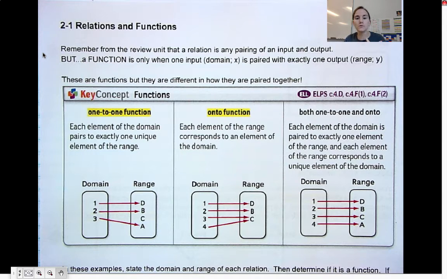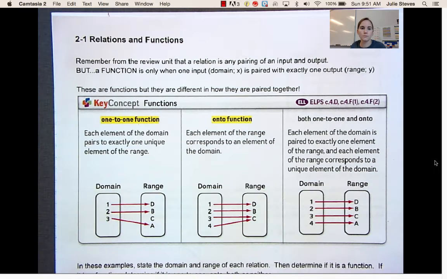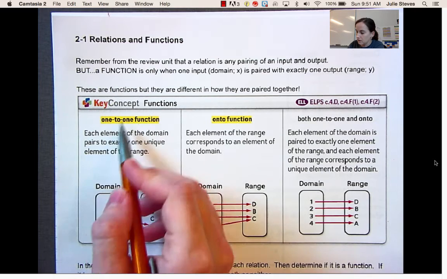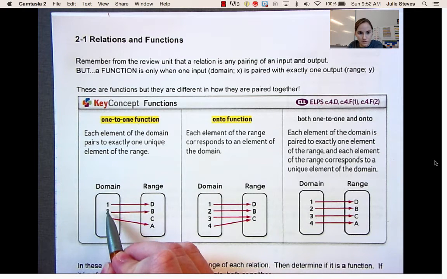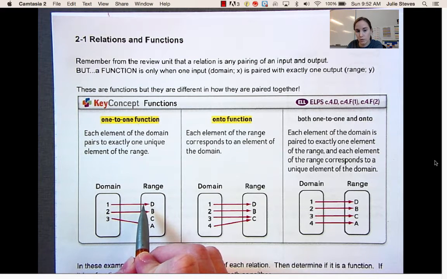So here are some other words that you're going to run into, and you're going to have to classify functions as either one-to-one, onto, or both one-to-one and onto. For a one-to-one function, this one right here, each of the domain values are being used, and they each are paired with one range value because they satisfy the fact that it is a function.